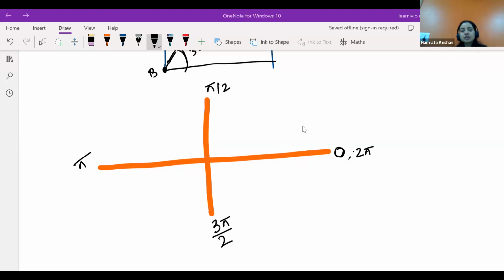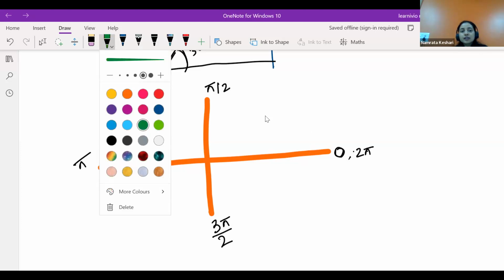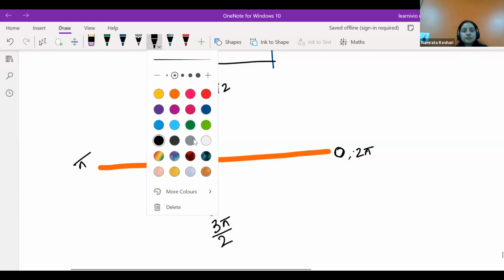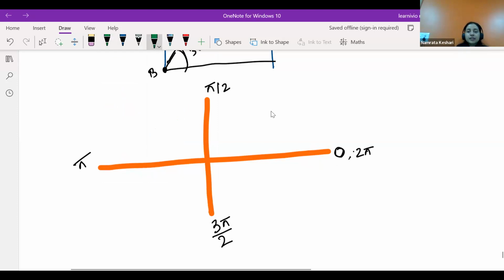Yes or no? Yes. So I'm going to say one very important concept: on this line, that is the x-axis, here no transformation occurs.